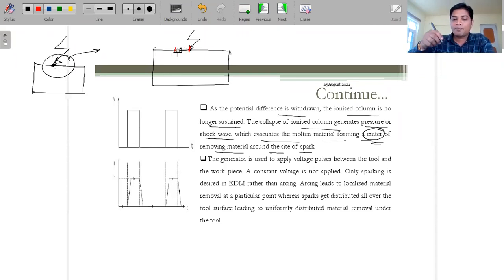When you see how it removes the material from inside the workpiece, it is a kind of assumption that it removes the material in a semi-sphere form, because whatever length is covered in this area, I can say this is a small r, the distance from the point where the spark is generated up to this one.